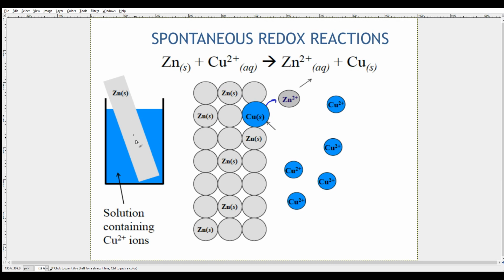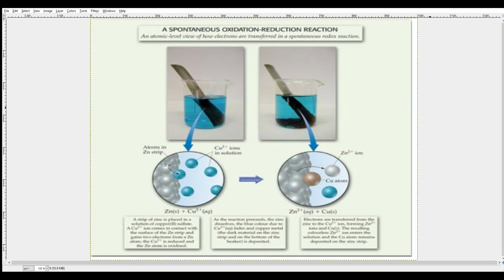And it'll coat this strip of zinc. And a lot of that zinc will actually disappear. This strip will become smaller and smaller as we have more and more zinc in solution, and it'll get covered in copper, and eventually there will be too much copper on there and it'll all just fall off onto the bottom, and it'll look something like this. So here we had a strip of zinc.